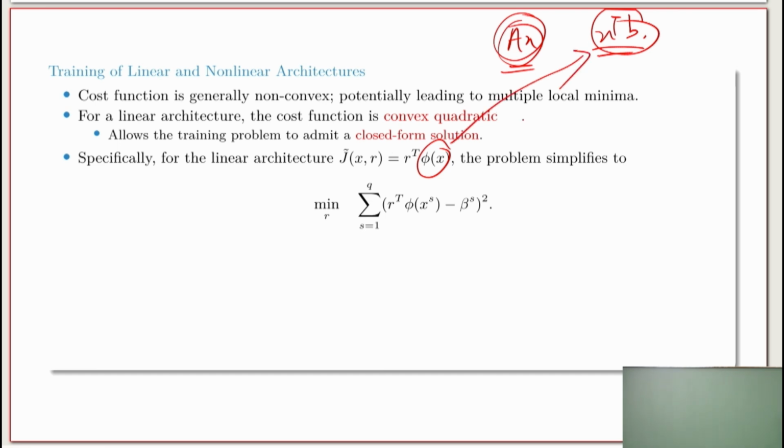So when our cost function is linear, let's say it is of the form R transpose phi x, because X transpose Y or Y transpose X is the same thing. It doesn't matter.